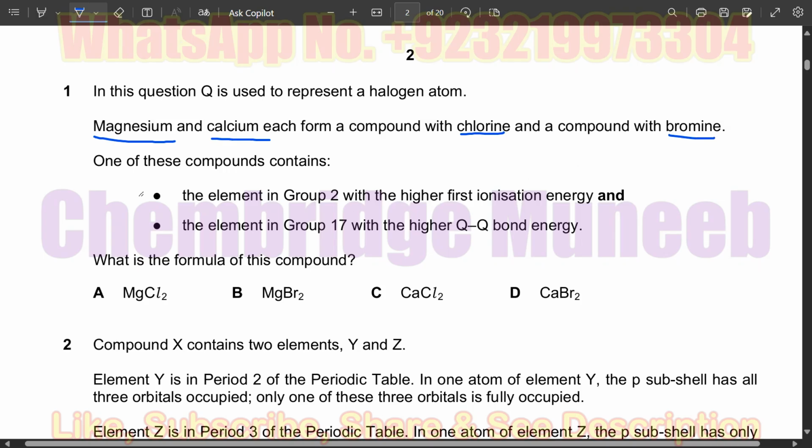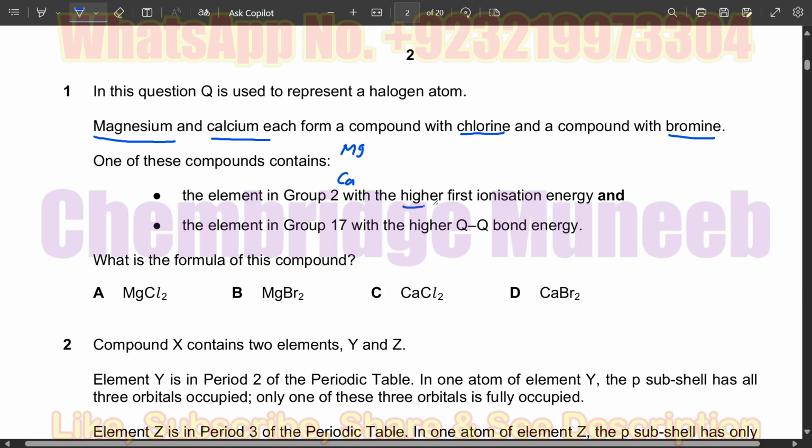We are given these properties. Accordingly, it says the group 2 element with a higher first ionization energy. So we have to find from magnesium versus calcium. If you see in the periodic table, magnesium is present higher in position as compared to calcium. Calcium is just below magnesium.